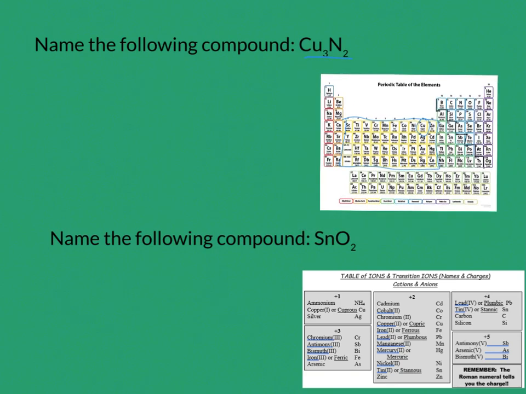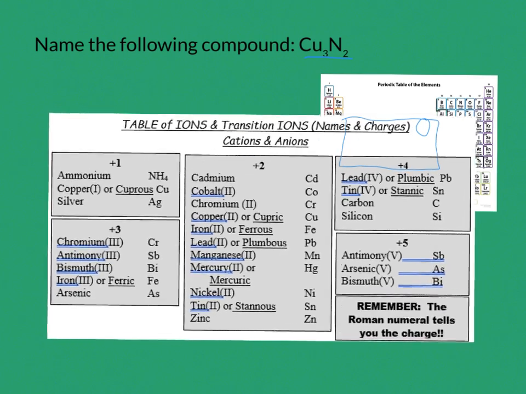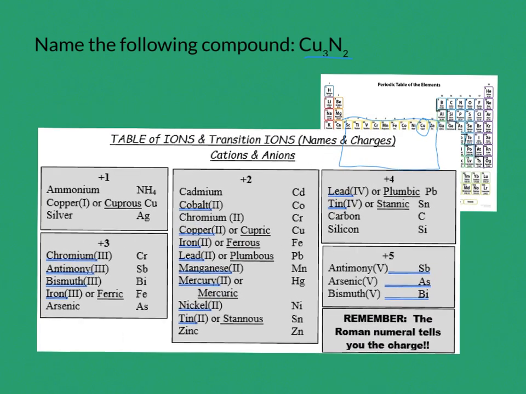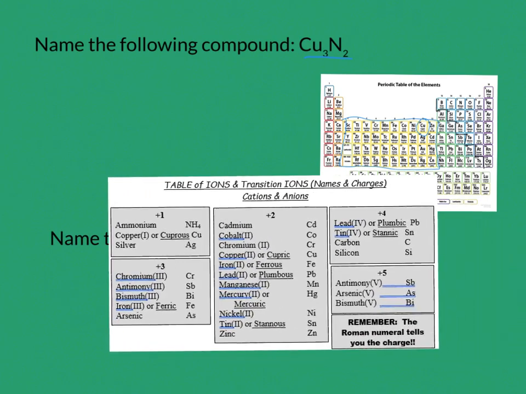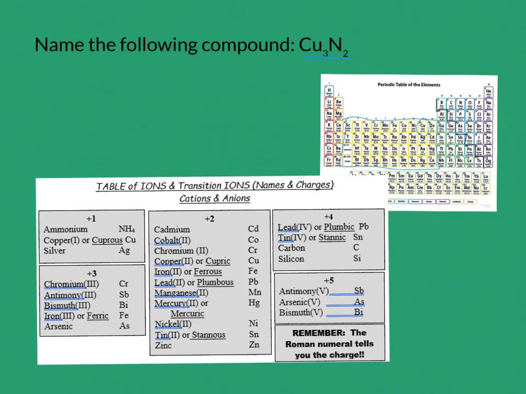So what we have here is a table of common multivalent elements. That basically means elements that can have more than one charge. This table is here for you as a reference. We're going to take a look at this table and look up copper.